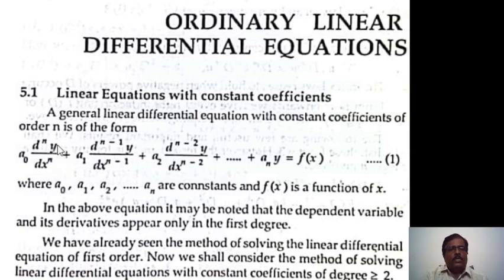So both the dependent variable and its derivatives appear in first degree. Therefore this is called a linear differential equation with constant coefficients, meaning a0, a1, a2 and an are all constants.